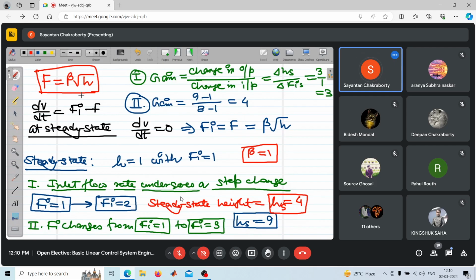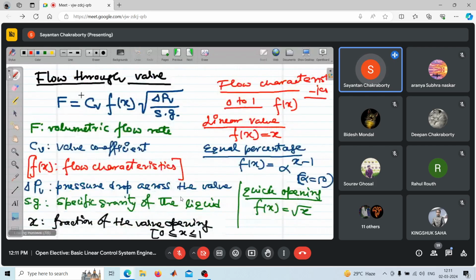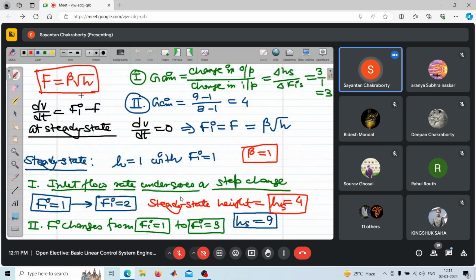So therefore, you cannot directly employ a simple ordinary differential equation with constant coefficients to represent such a system, because for different input conditions the gain will be different and it will arrive at different models. So this is typically the feature of a nonlinear system. Okay, because if you look at the equation here, the actual equation is a nonlinear one because of this root h.